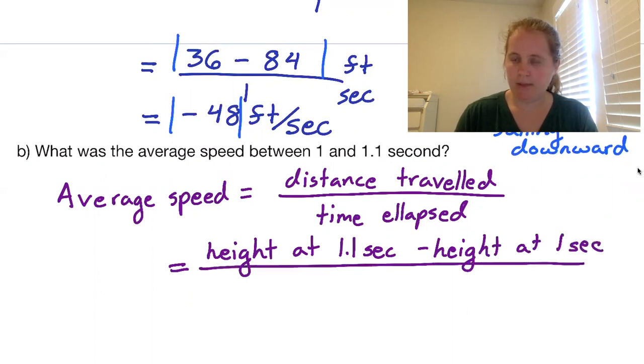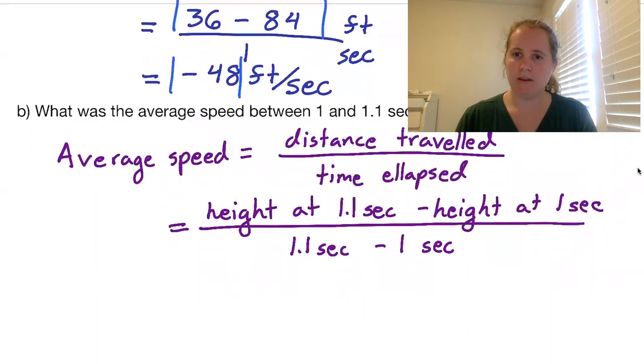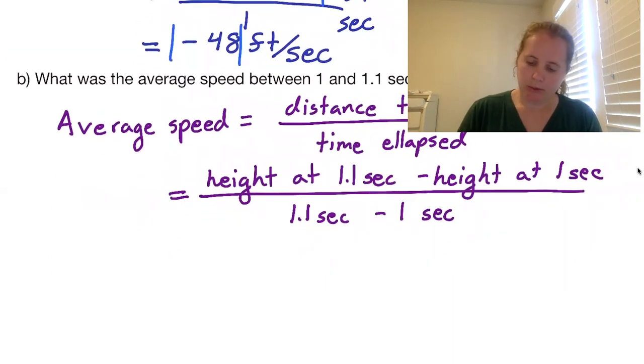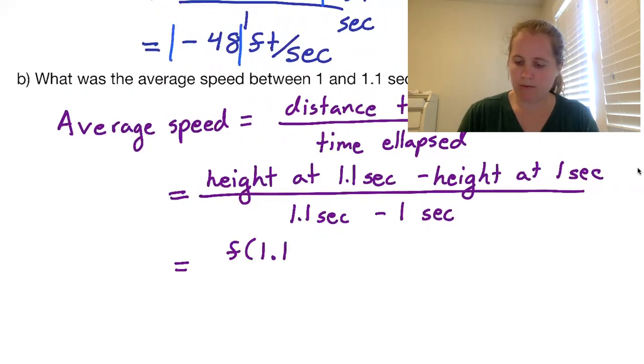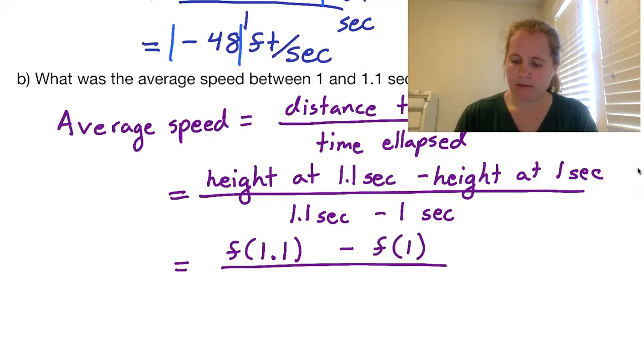And then time elapsed, we're just looking for the difference, 1.1 seconds minus 1 second. So the height at 1.1 seconds was given by f of 1.1. And we are subtracting off f of 1. We have 1.1 minus 1, or 0.1.